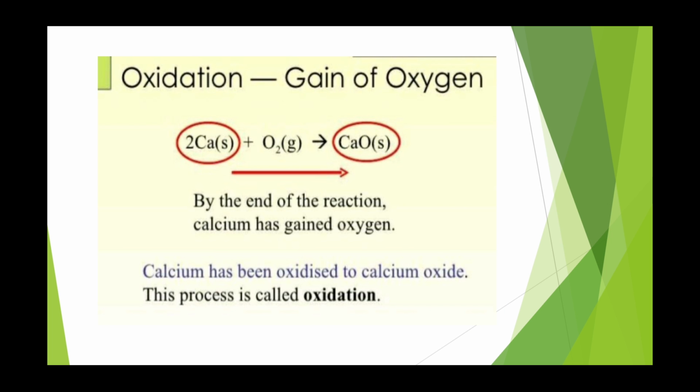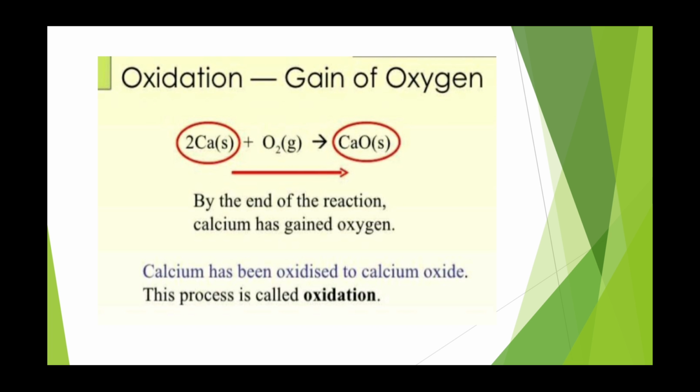Here is the example of combustion of calcium metal. When calcium is burnt in oxygen, it results in the formation of calcium oxide. Here you can see the reactants are calcium and oxygen, and our reactant, that is calcium, on the product side has accepted an oxygen molecule.